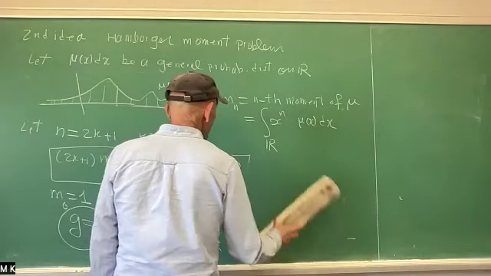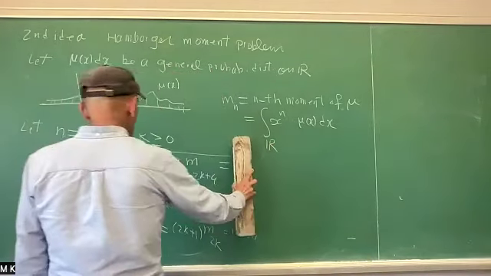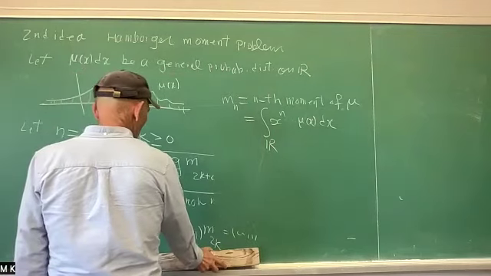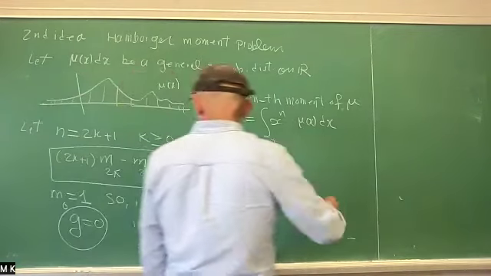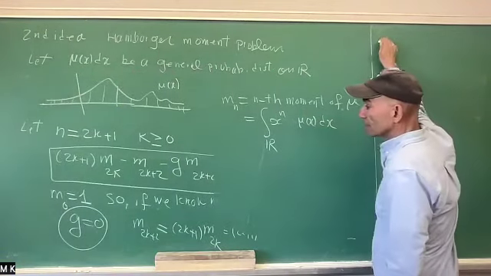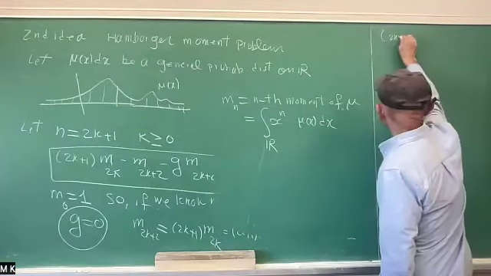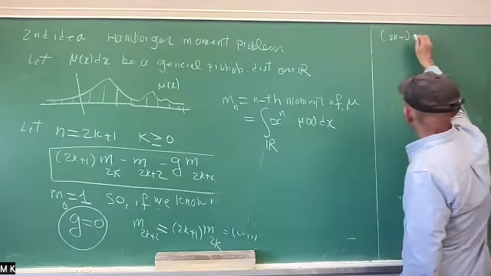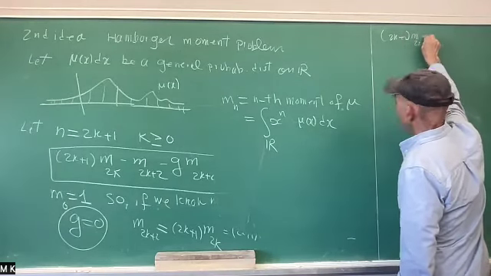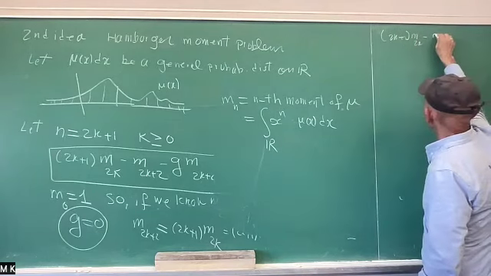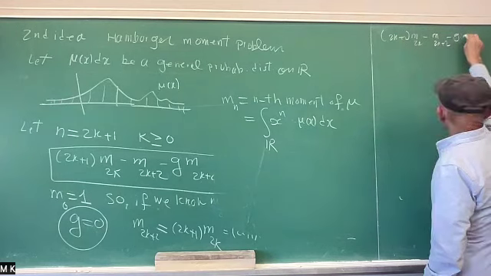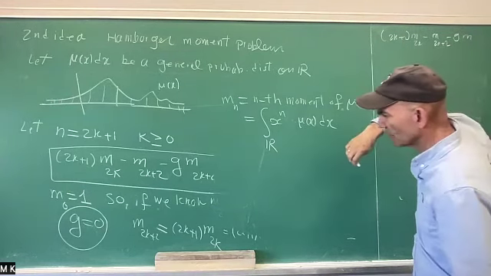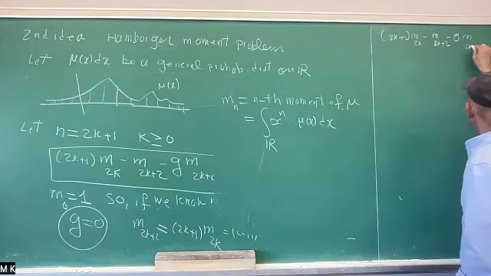Okay, I can just write this in this corner without erasing it: 2k plus 1, m2k minus m2k plus 2 minus m2k plus 4 is equal to 0.